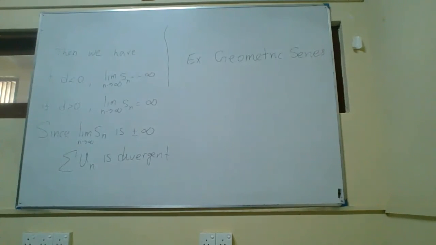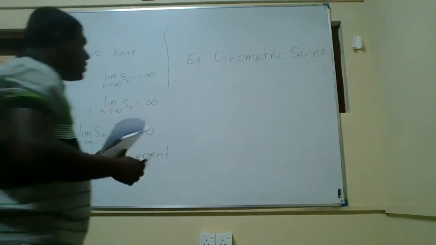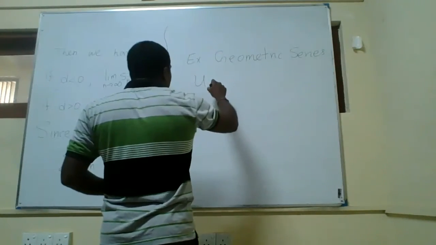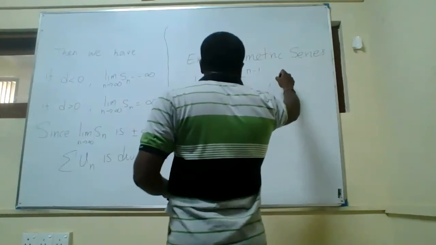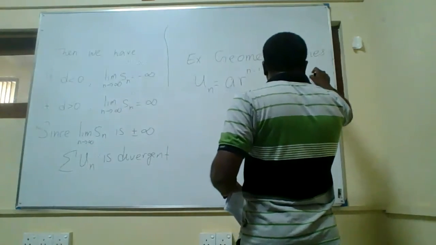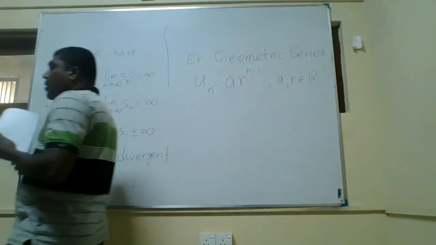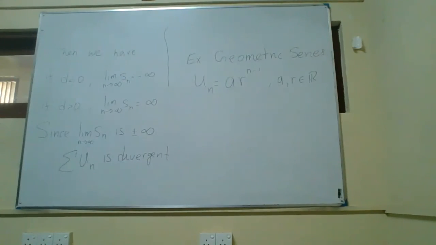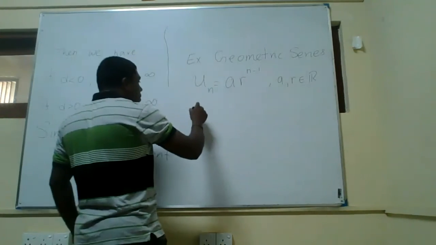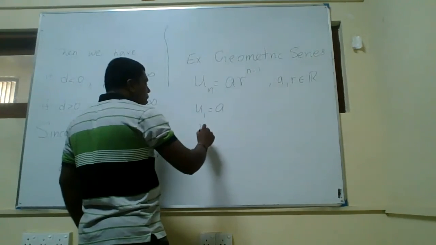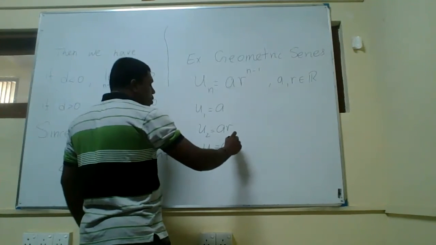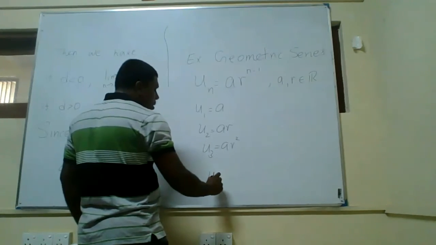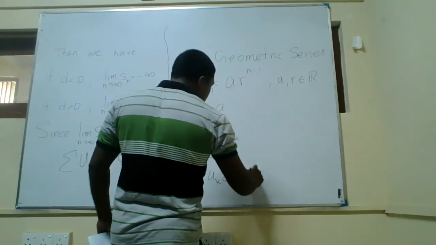In this series, the general term is a times r to the power n minus 1. So you know u1 is a, u2 is ar, u3 is ar squared, and eventually uk is a times r to the power k minus 1.